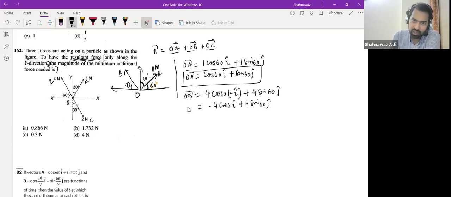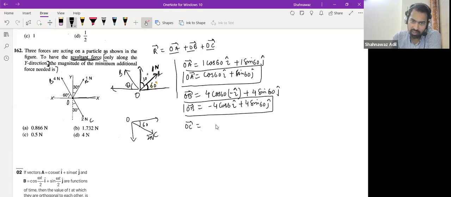And then we have OC. So OC is how much? For the case of OC, this is the horizontal, right? So again, this is 30, so this would be 60. So this is 60 and this is 2 Newton. I'm just directly writing.